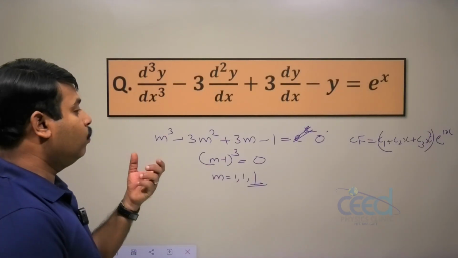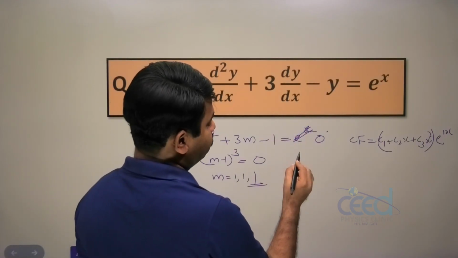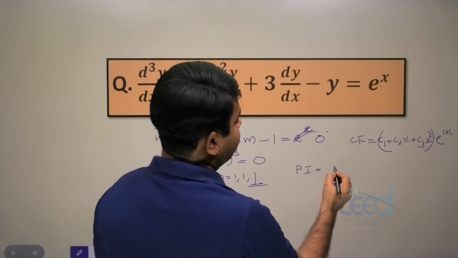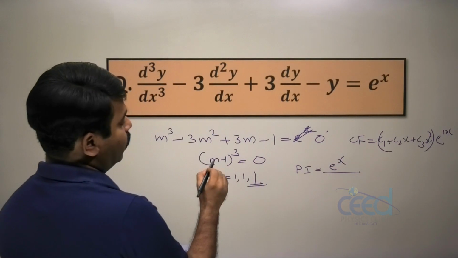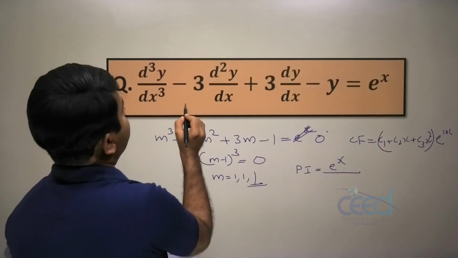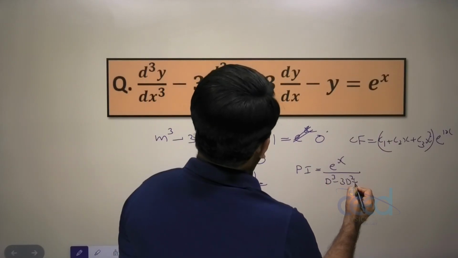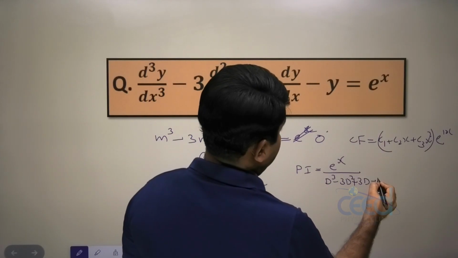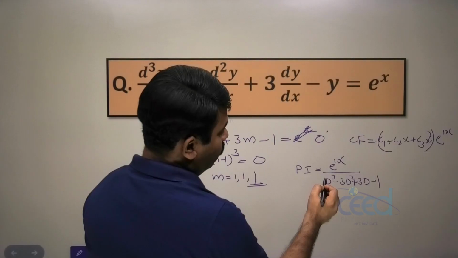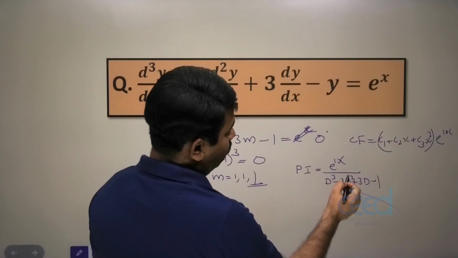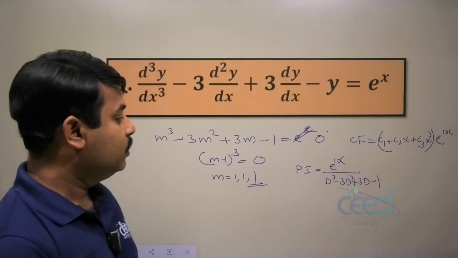Now, to find the particular integral, it is equal to e raised to x divided by d minus 1 whole cube, that is d cube minus 3d square plus 3d minus 1. Now putting 1 here: 1 minus 3 plus 3 minus 1. The denominator is 0.